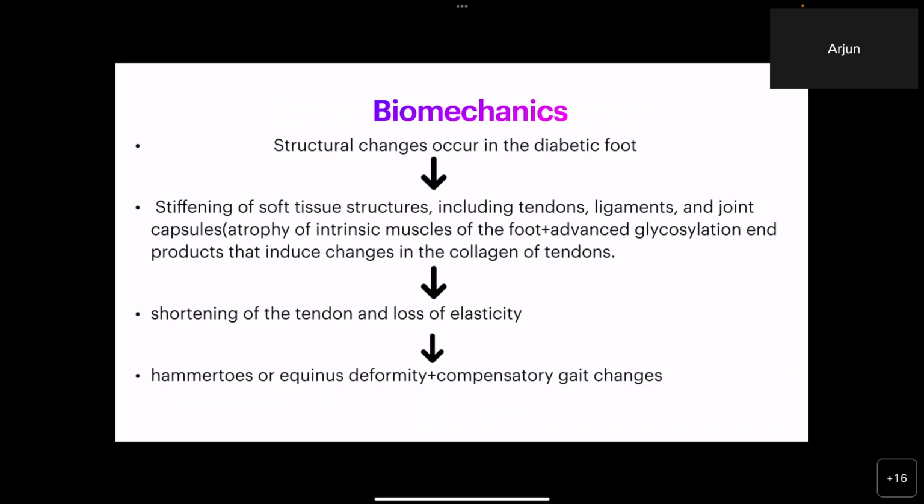Coming to biomechanics, structural changes occur in the diabetic foot that alter the underlying biomechanics. The stiffening of soft tissue structures, including tendons, ligaments, and joint capsules, causes shortening of the tendon and loss of their elasticity, which later leads to hammertoe or equinus deformity, leading to complementary gait changes.